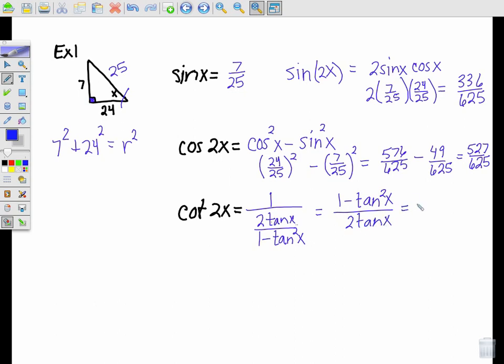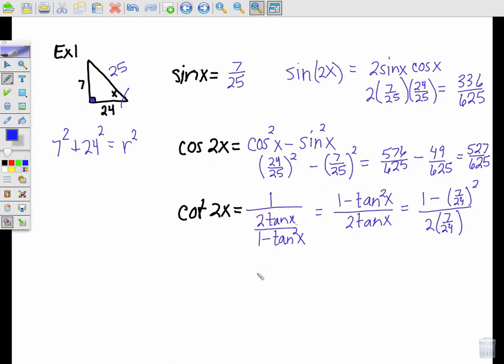Let's go ahead and substitute what I know. It's 1 minus, and tangent would be 7/24, so 7 over 24, and we will square that, over 2 times tangent, so 2 times 7/24.